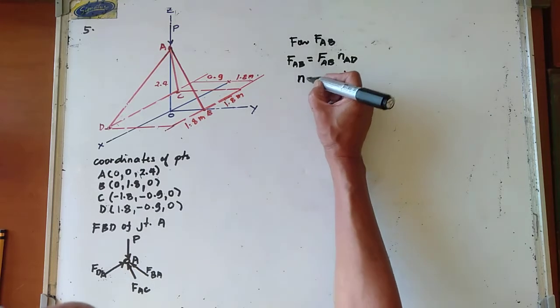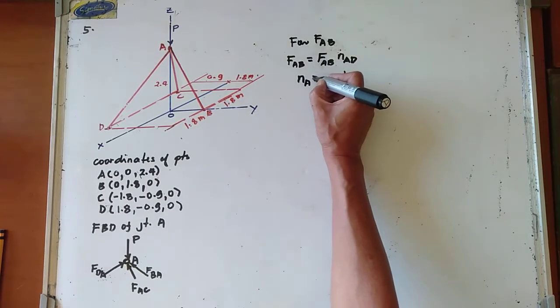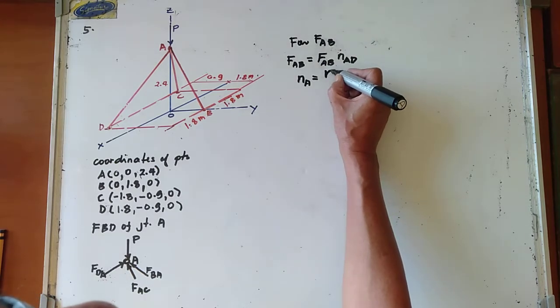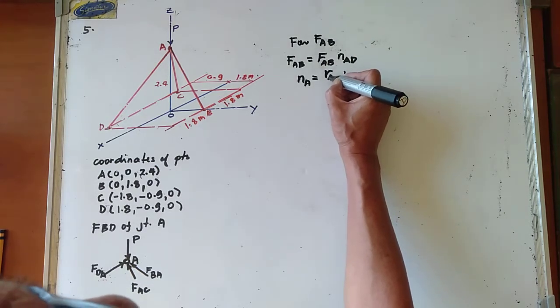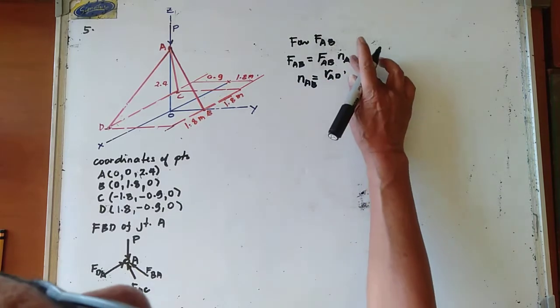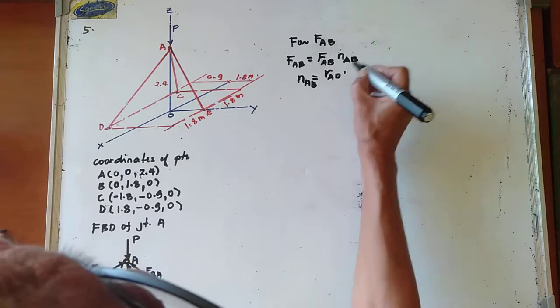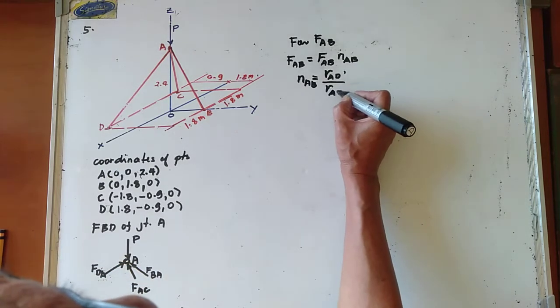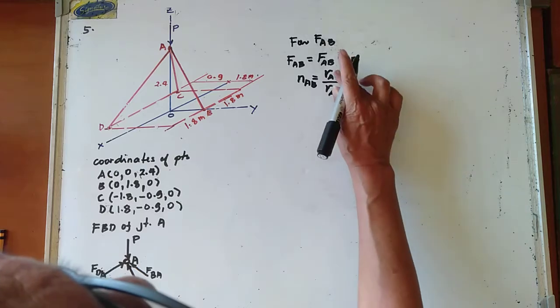The unit vector is the position vector AB all over the magnitude of AB.